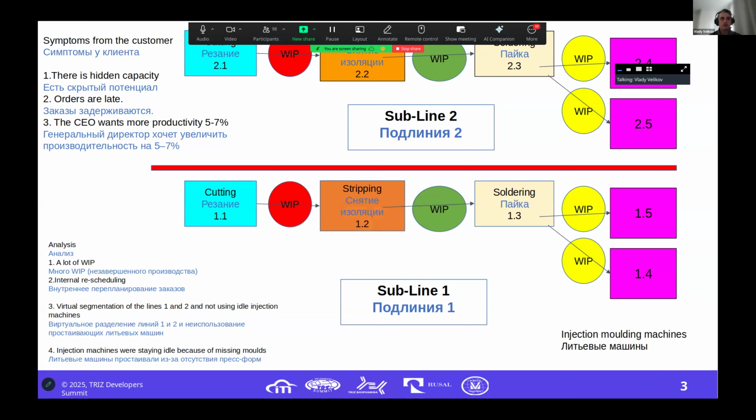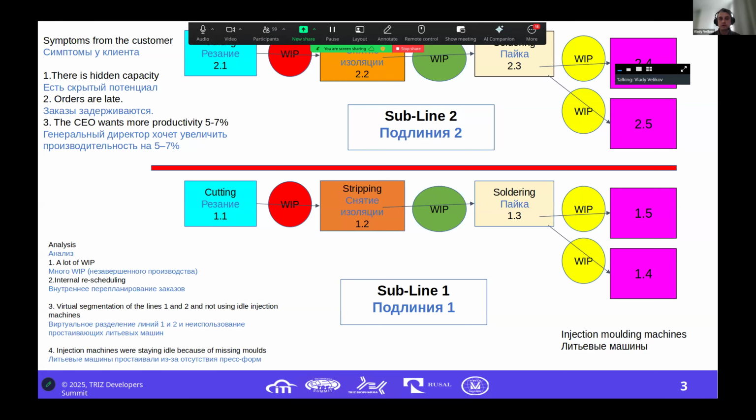the symptoms from the customers were that there is a lot of hidden capacity. They said that engineers from Germany calculated the capacity, and they said that they have around 5 to 10% more. They were coming to the factory, doing some projects, but no results.